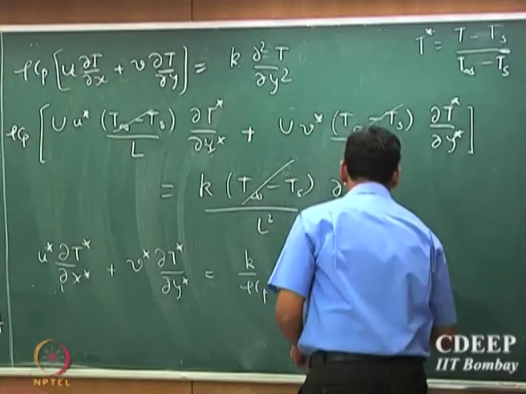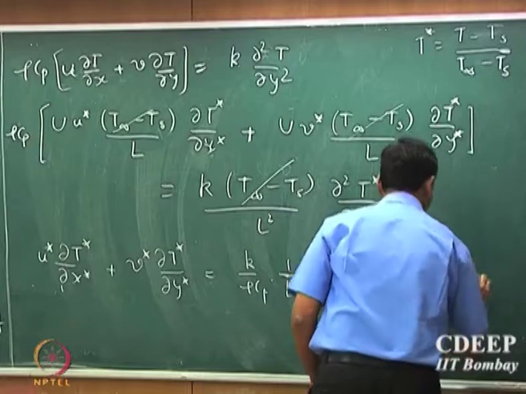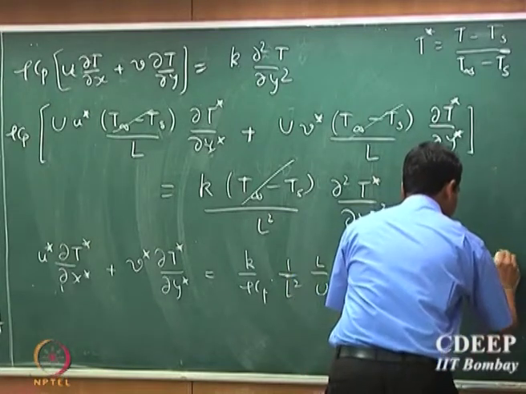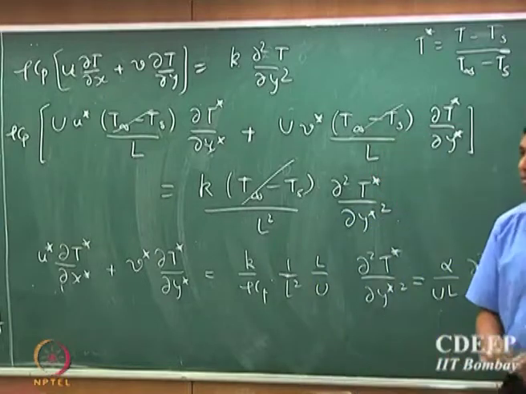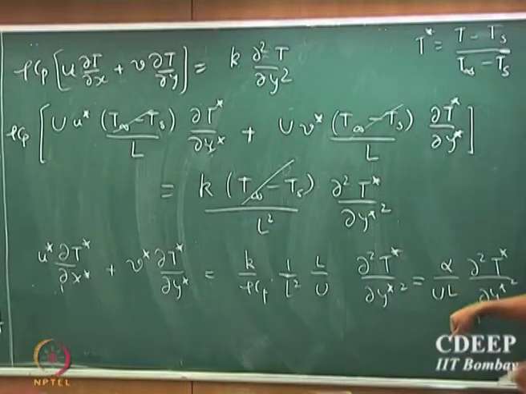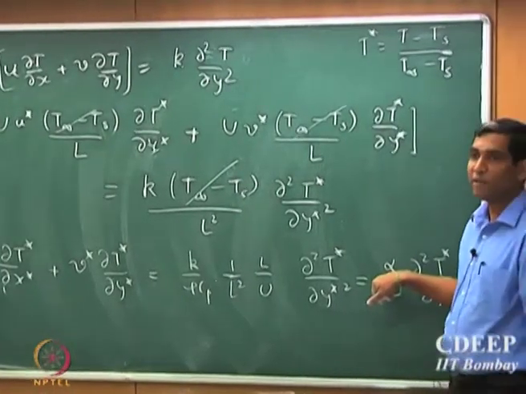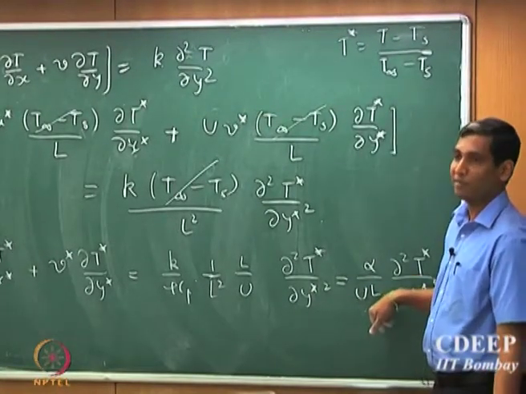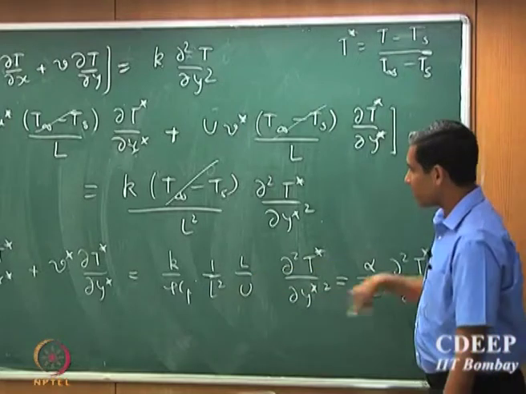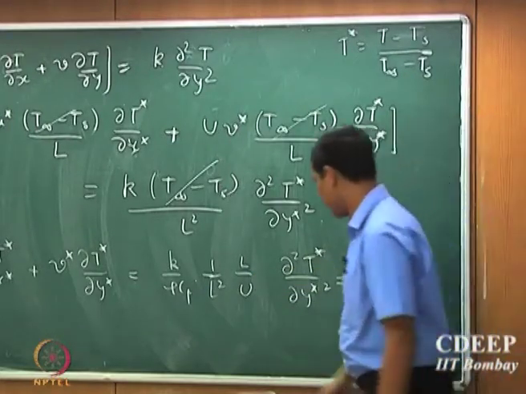So this will be alpha divided by u into L, d squared T star by dy star squared, okay. Is it dimensionally correct? No? Why? What is alpha? What are the units of alpha? Meter squared per second, and u into L is meter squared per second. So when you non-dimensionalize, all the terms should have no dimensions, right? So it's fine.